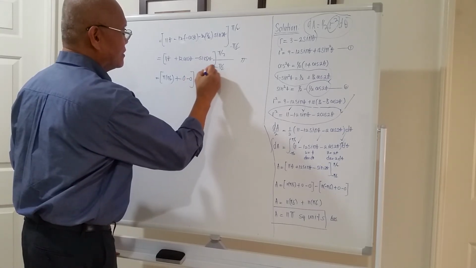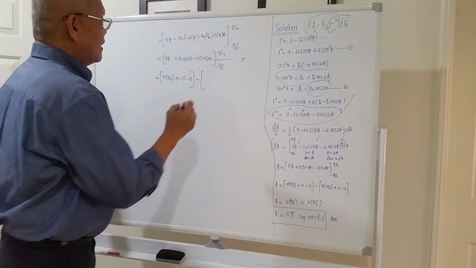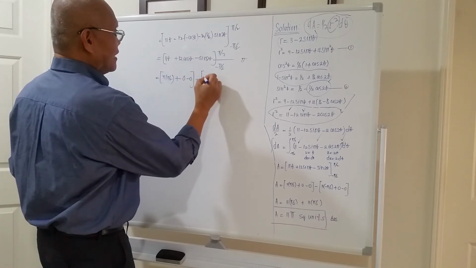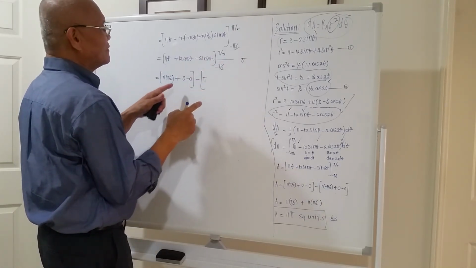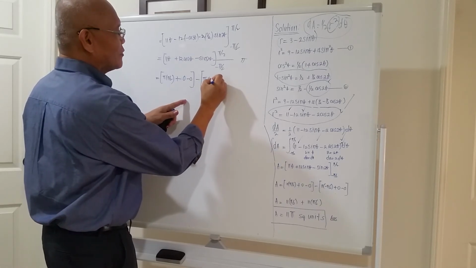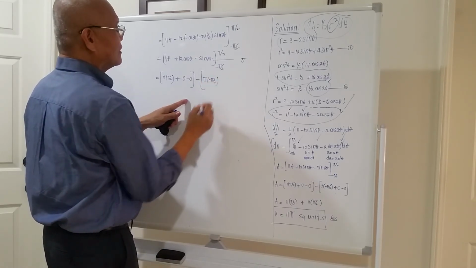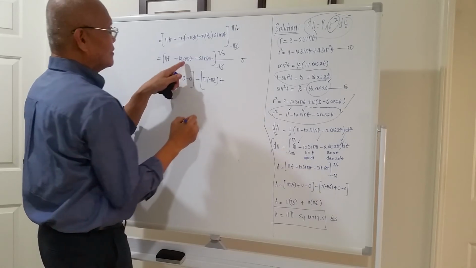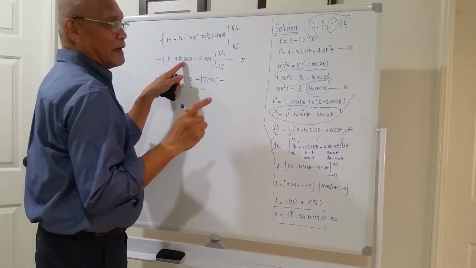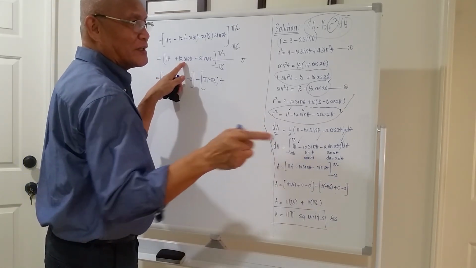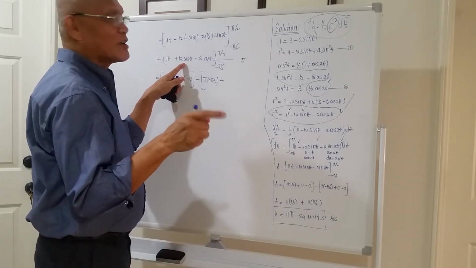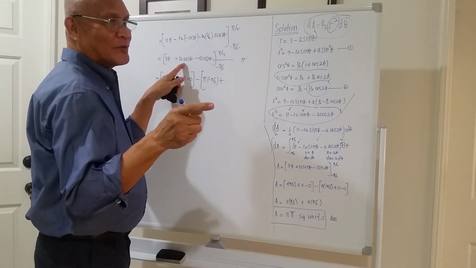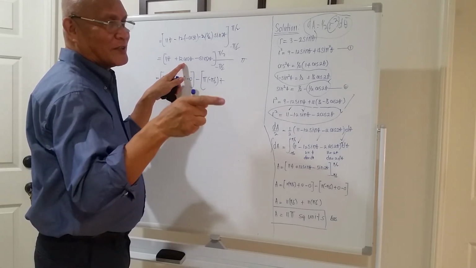Minus open quantity. 11, we are following this, right? 11, if we place the lower limit, this will be times minus pi over 2. Plus 12. Negative pi over 2 is negative 90 degrees, and the cosine of negative 90 will be 0.